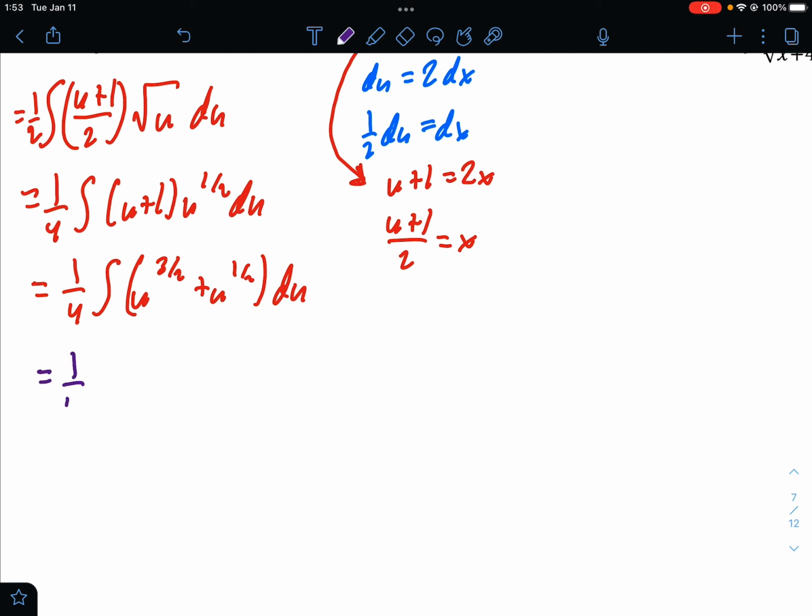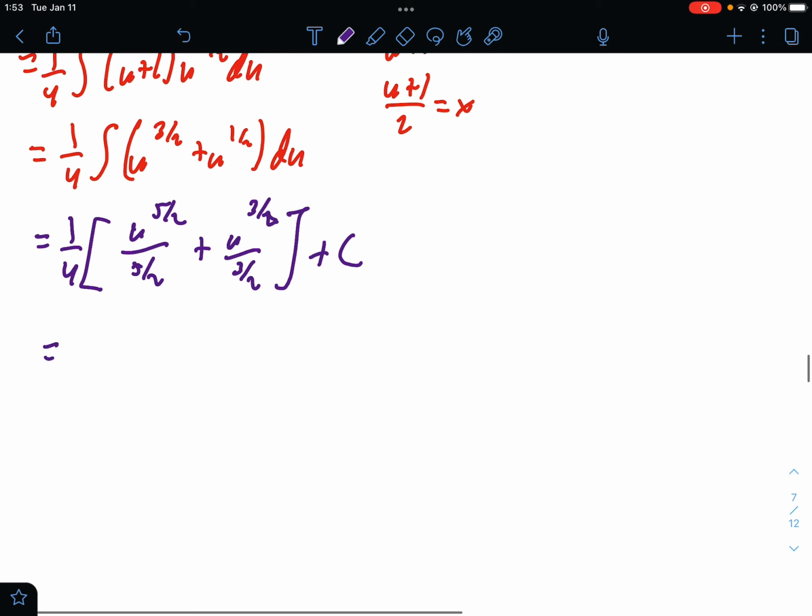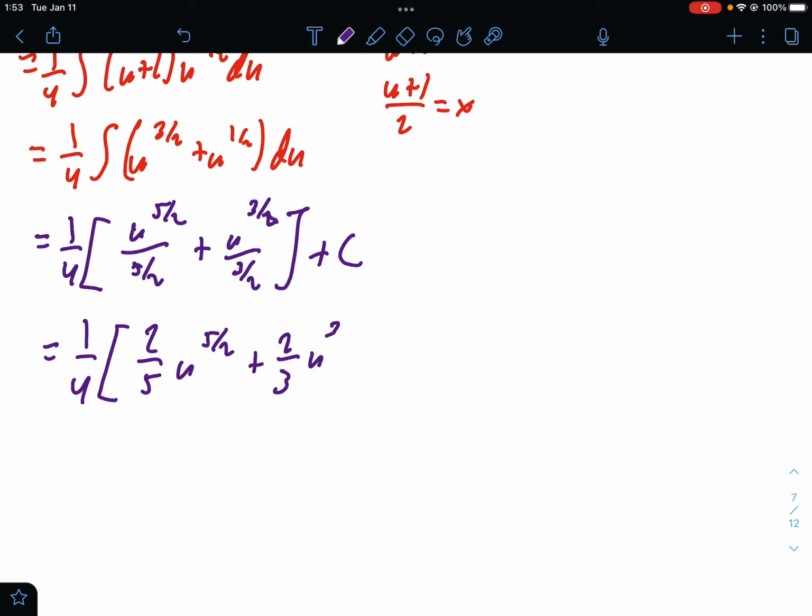So now I get 1/4 times u to the 5/2 over 5/2 plus u to the 3/2 over 3/2 plus c. And doing a little simplifying there, 1/4 times 2/5 u to the 5/2 plus 2/3 u to the 3/2 plus c.